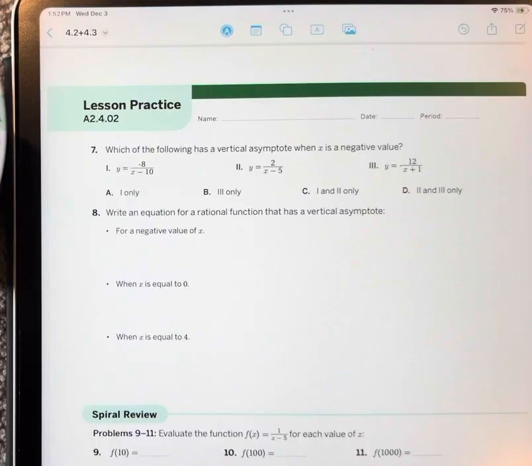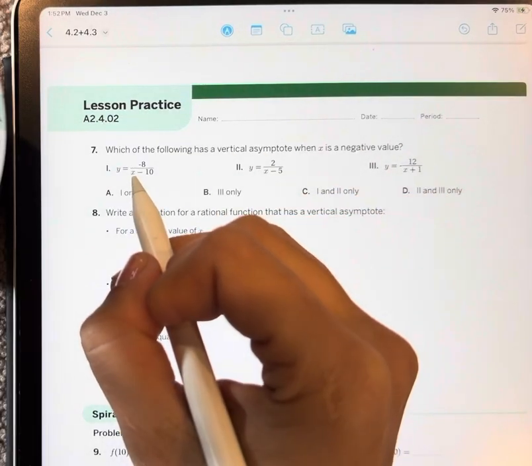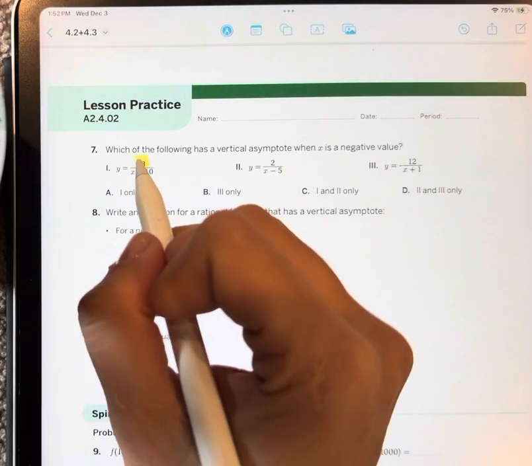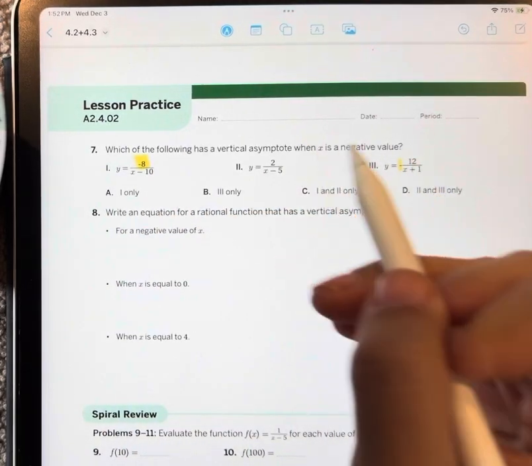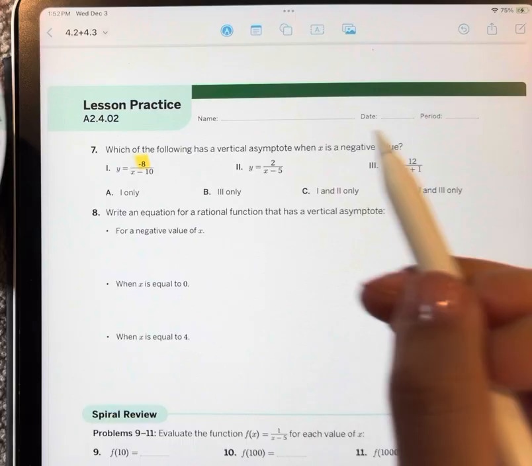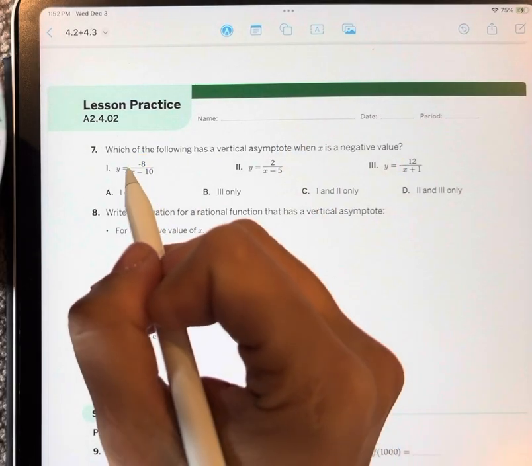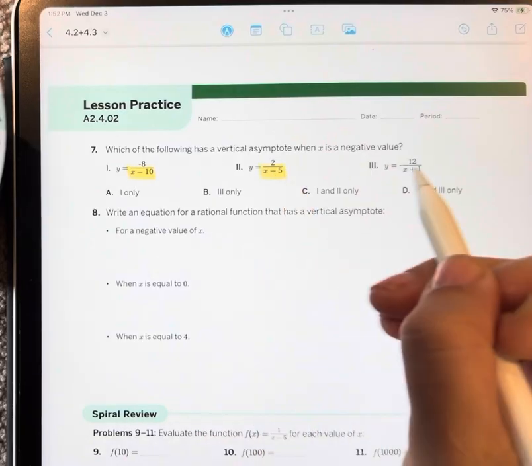All right. Which of the following has a vertical asymptote when x is a negative value? So remember, you guys, they're trying to throw you off with the numerators here. Ignore the negative, all right? The only thing that matters is the denominator being 0.